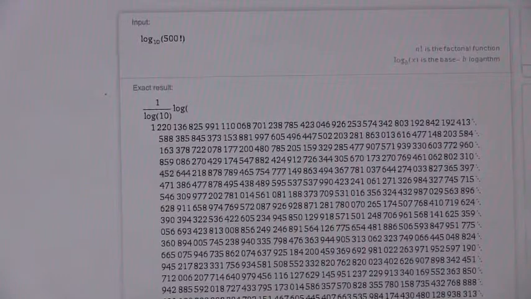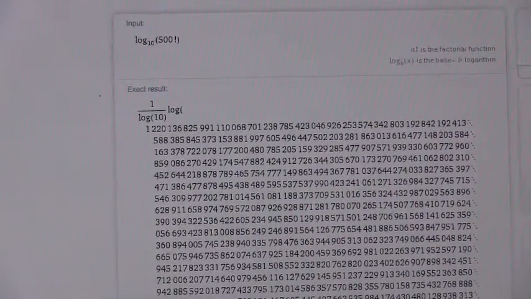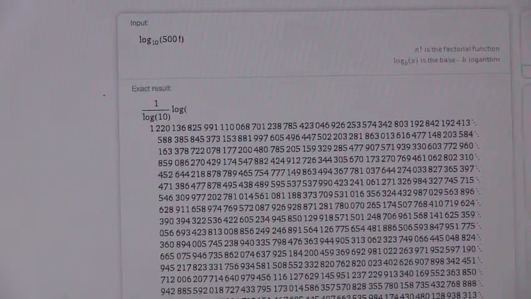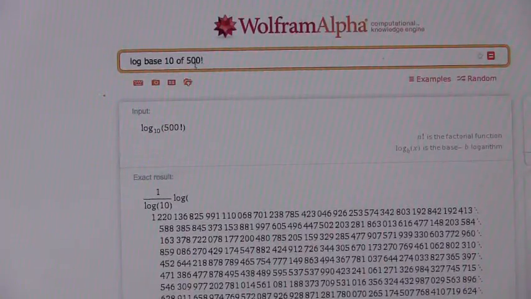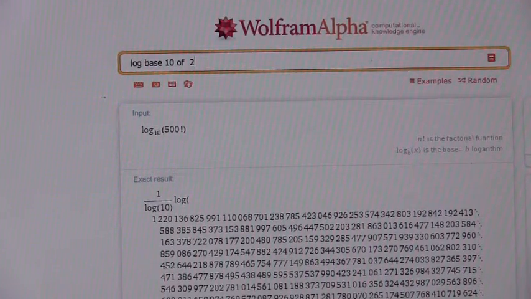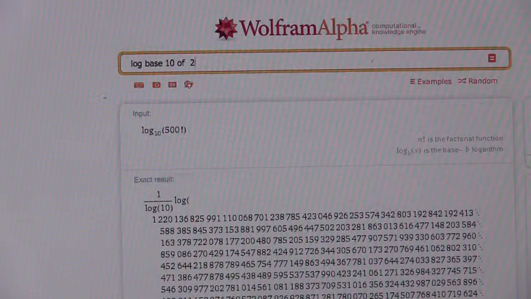Like 2 times 10 to the 18th or something. That's going to be a great example. All right, log base 10. You said 2 times 10 to the 18th? Yep.